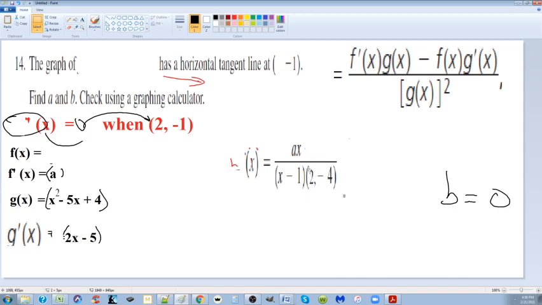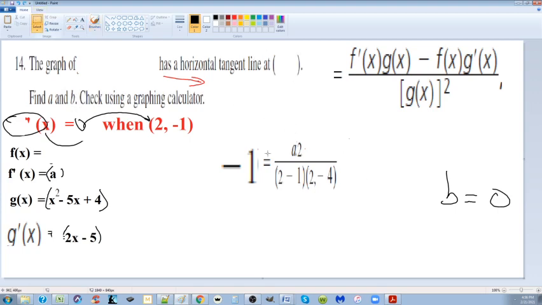Oh, I got to put a 2 up here as well. What was y? y was 1. That's on the line. They told me that when that point occurs, it gives me the tangent 0. Well, that means that is a point on the line.